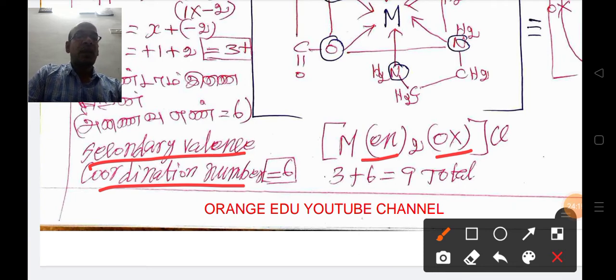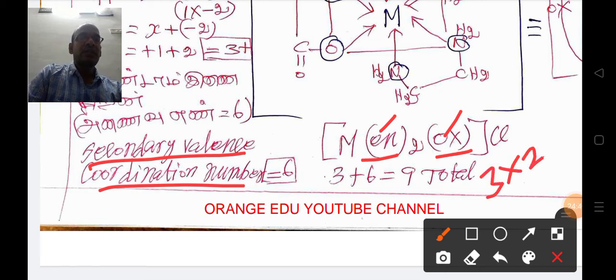Therefore 2 bidentate ligands of ethylene diamine. Also oxalate is 1 bidentate ligand, totally 3 bidentate ligands, therefore 3 into 2 is 6, coordination number is 6.